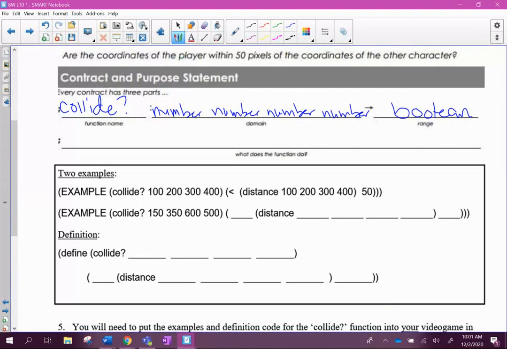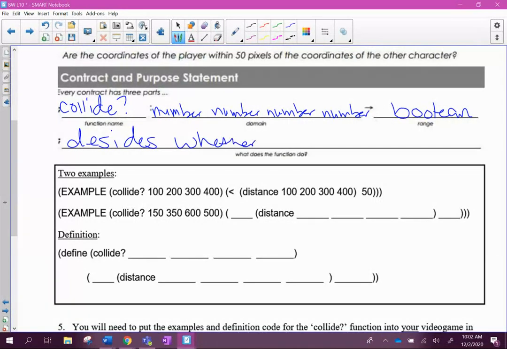Our purpose statement here. This function decides whether the characters are within 50 pixels of each other, right? Because we're trying to figure out if these things are colliding or not.